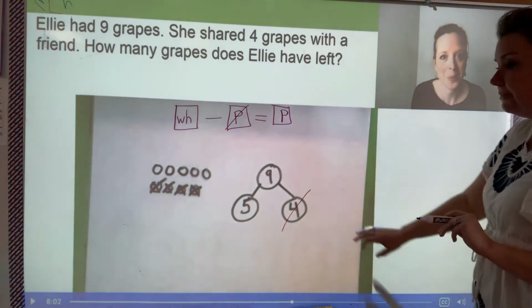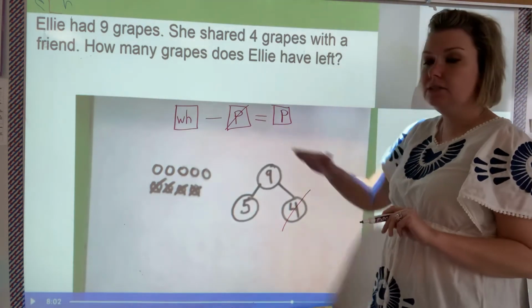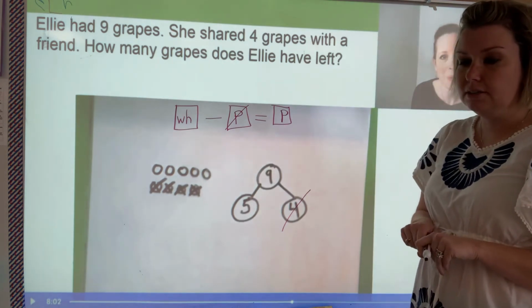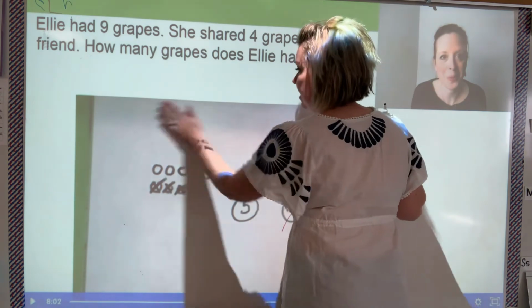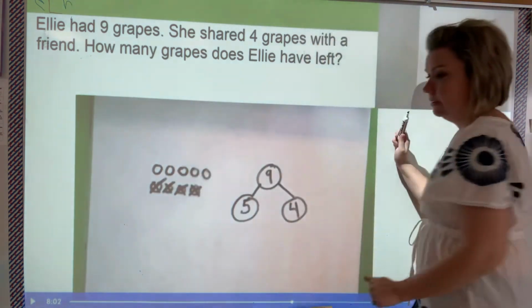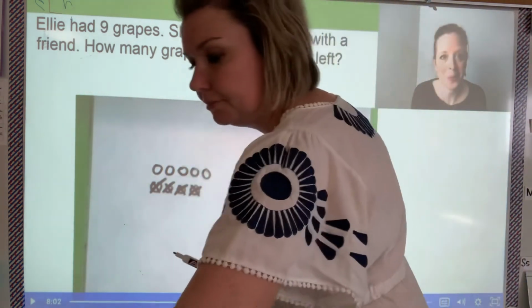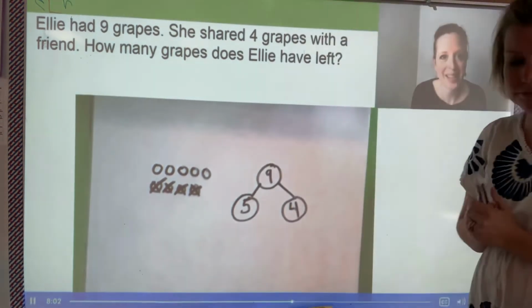Put the numbers from the number bond into your subtraction sentence. Let's see if we're right. Right.